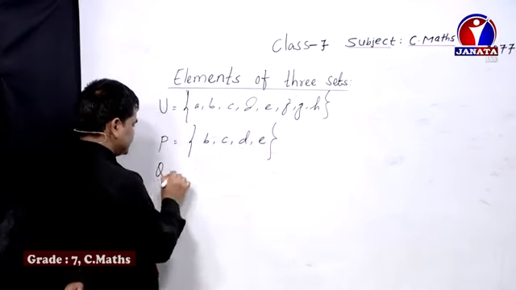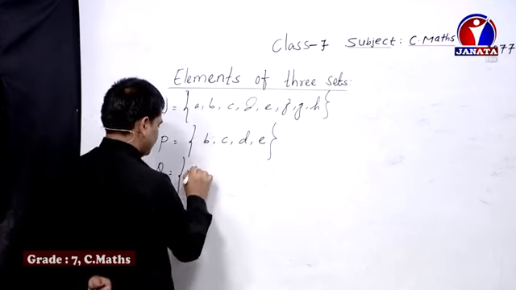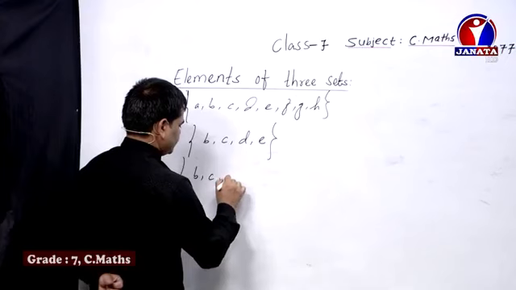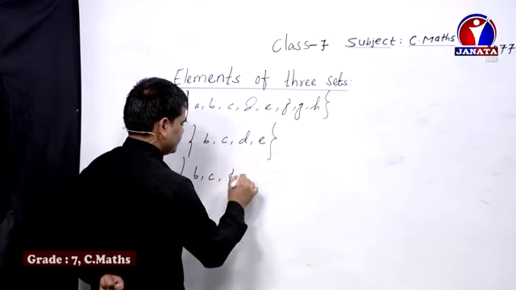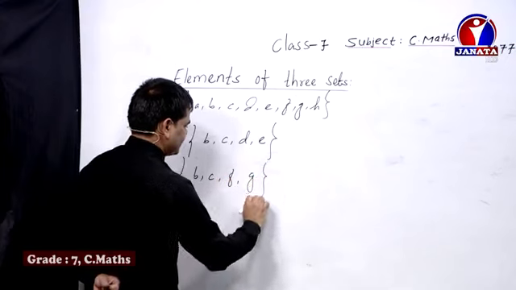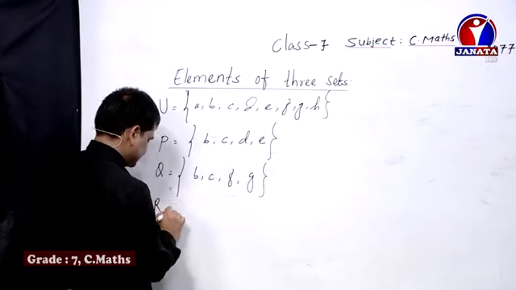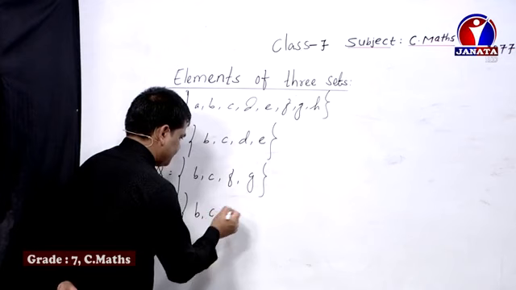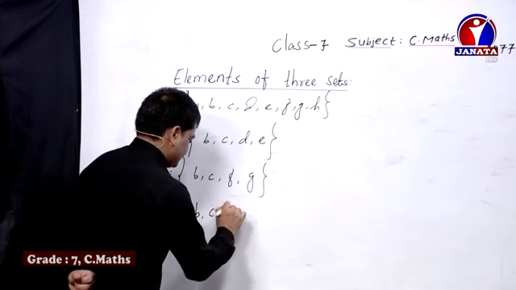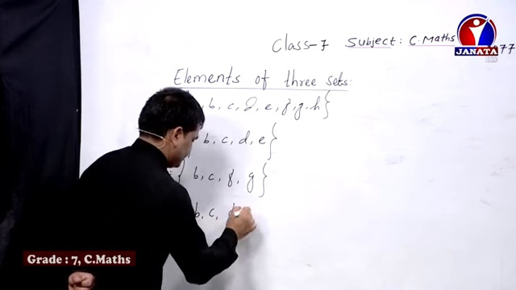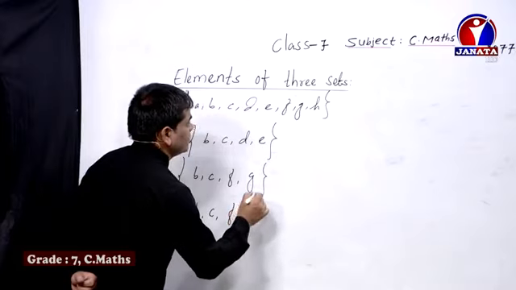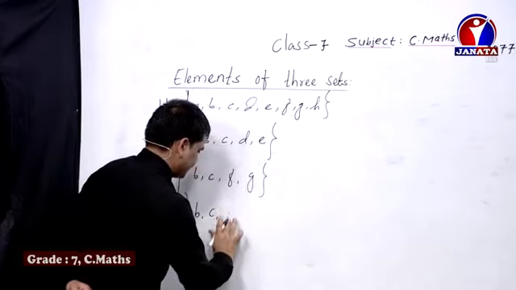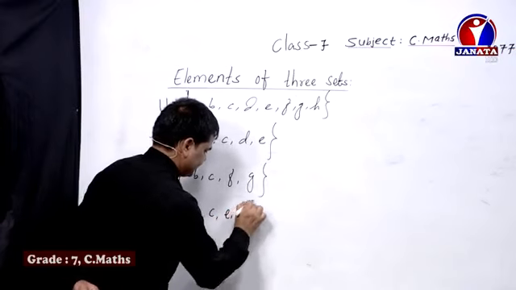Q set, let's take B, C, F, G, that much only. Now R set, let's check, dear students: B, C, and let's increase a little bit, B, C, E, F. Here let's keep E, F, that much only.